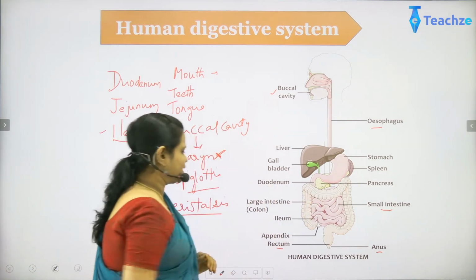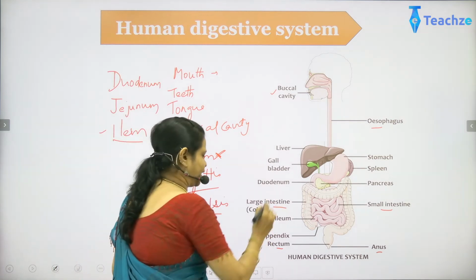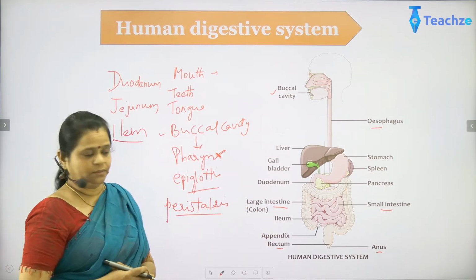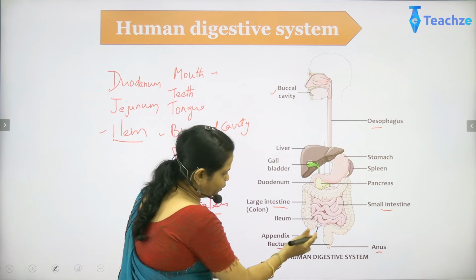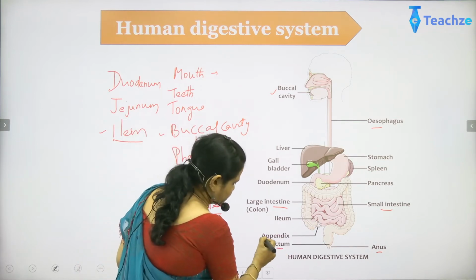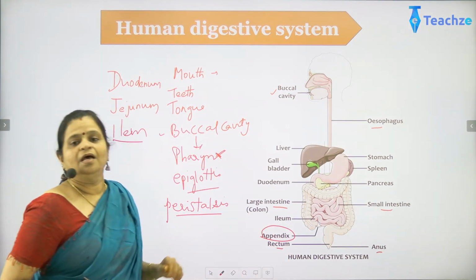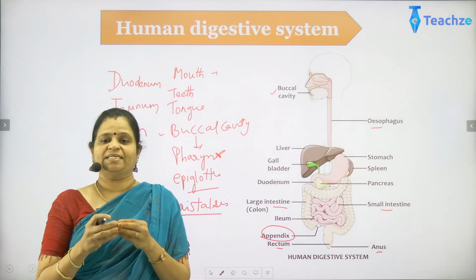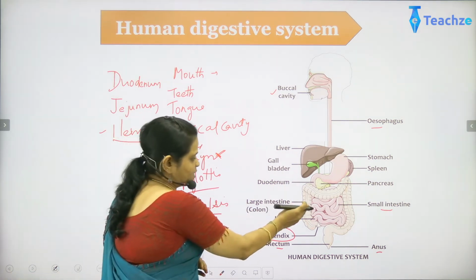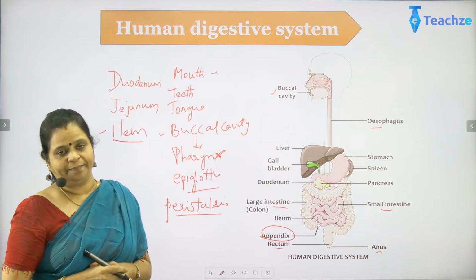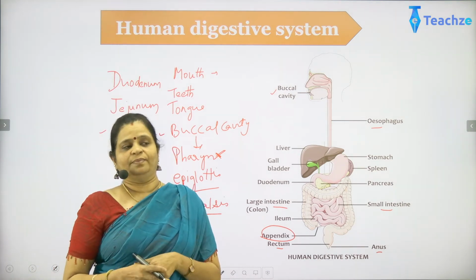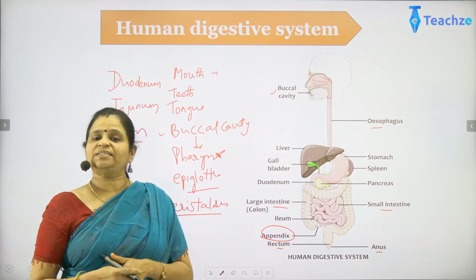Now this is about the small intestine. The small intestine leads into the large intestine. Here we have the colon, but before the colon, you can see there is a small structure called the appendix. This appendix is at the junction of the small and the large intestine. The appendix is a vestigial organ.